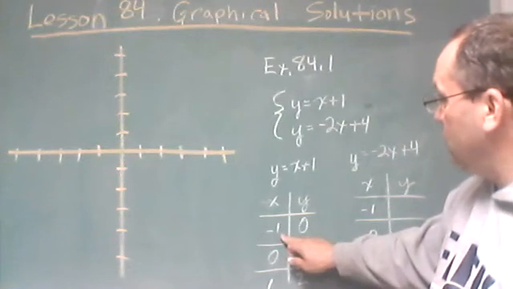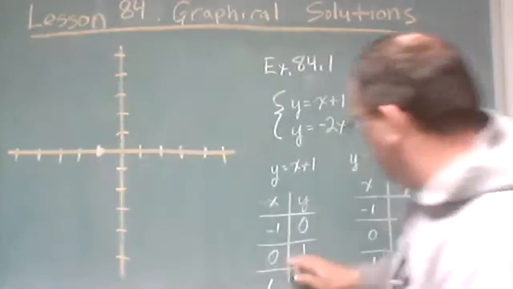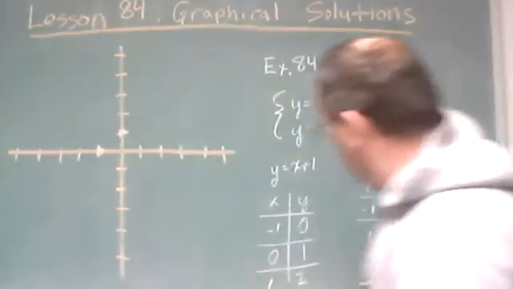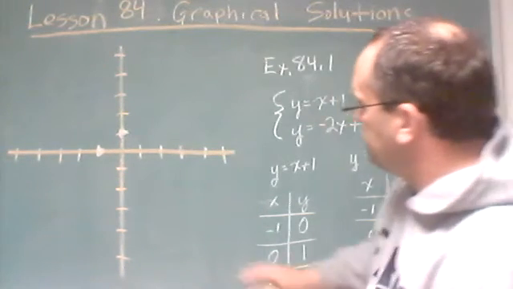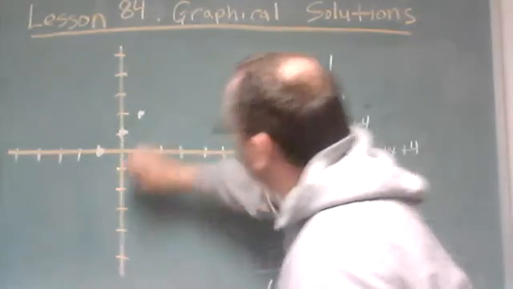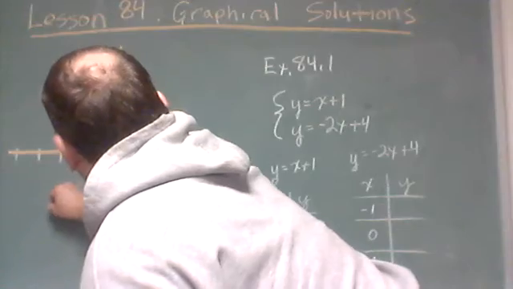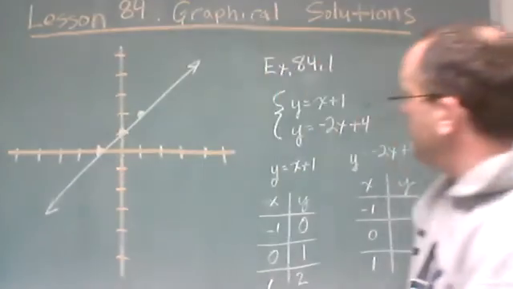A -1, 0, a 0, 1, a 1, 2. We see they line up pretty good. I'm going to draw a line in there, just freehand it. That is our first equation.